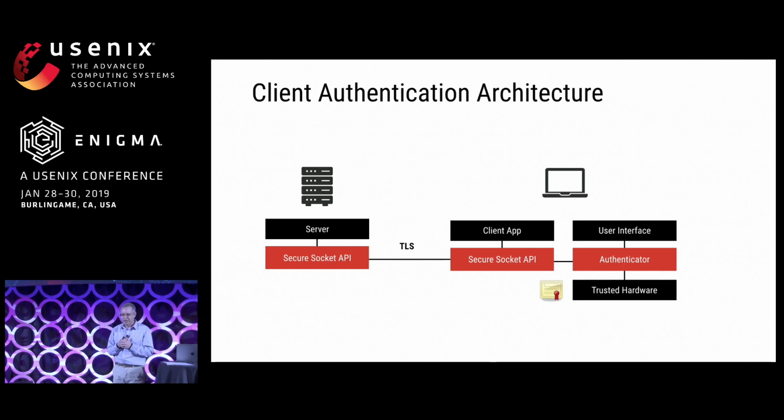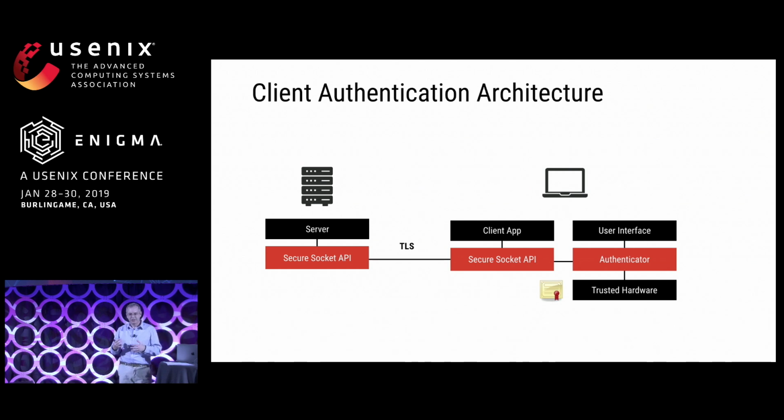So here's what we have right here. We have on the left a server that is using the Secure Socket API, and it's making a TLS connection with this client application. When the server asks for client authentication, the Secure Socket API is able to intercept that request, and rather than giving it to the client app, turn to an authenticator app, a separate app, which is going to hold private keys separately in a trusted hardware module of some sort, and also provide a user interface to the user to say, do you want to authenticate with a client certificate to this particular service?